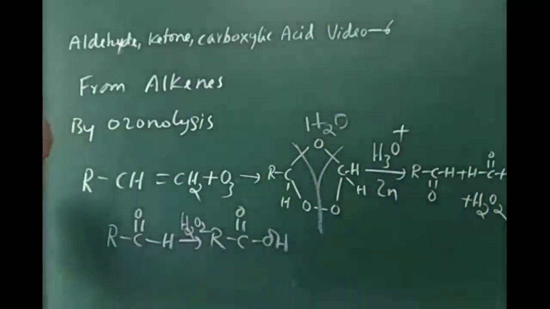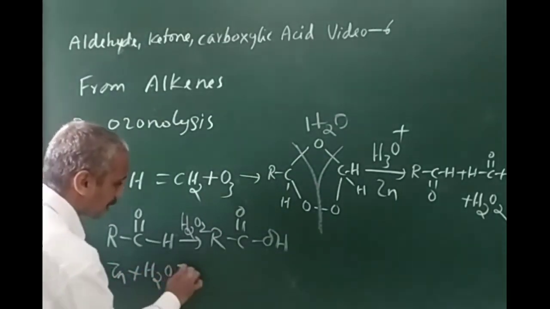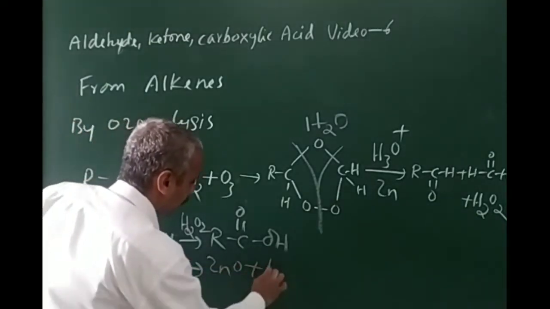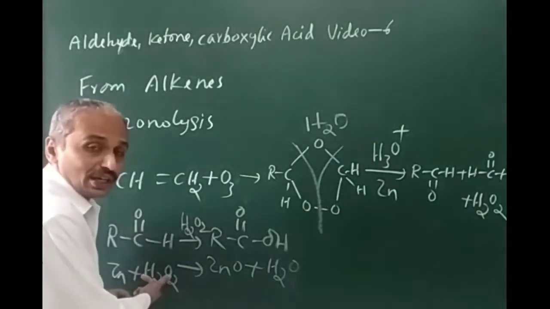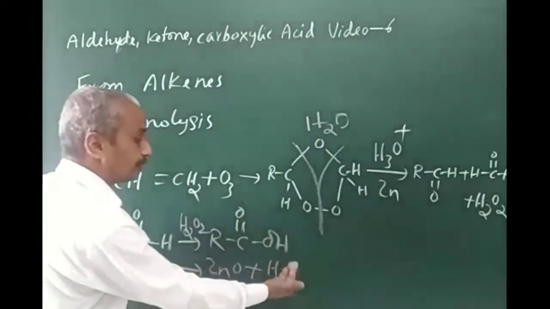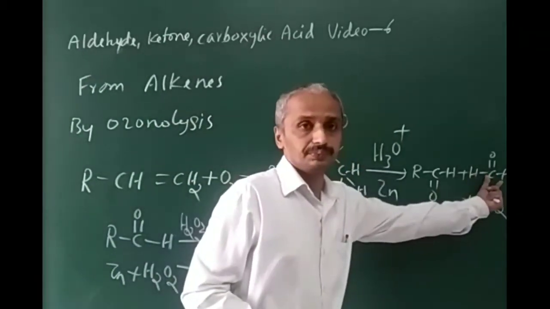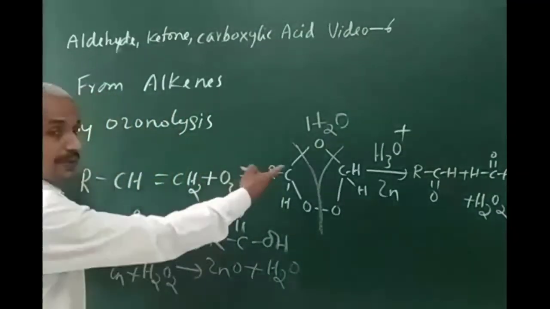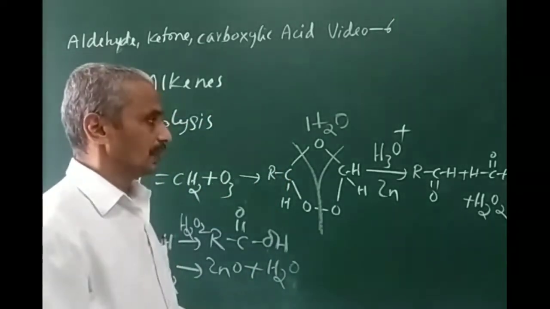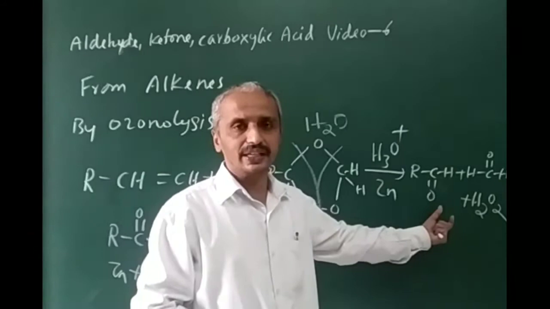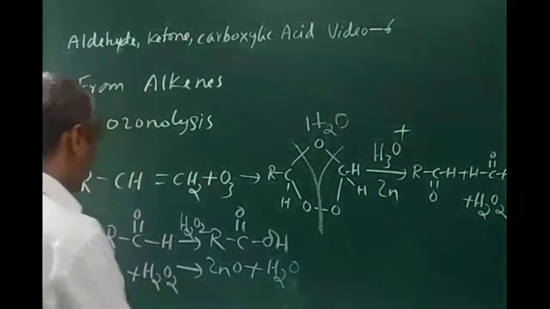But when you use the zinc, zinc reacts with the H2O2 and is converted into zinc oxide and water. The strong oxidizing agent hydrogen peroxide is converted into water. So the aldehyde formed, and in some other cases a ketone, will not get oxidized. Aldehyde remains as aldehyde, ketone remains as ketone. To have this, we are using the zinc.